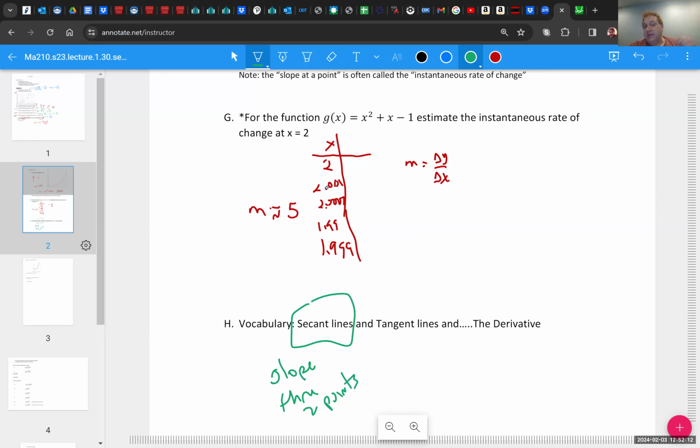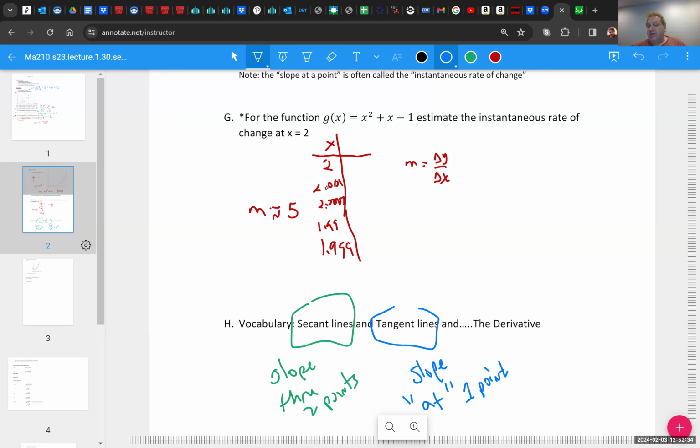And when we talk about the slope at a point, that is what we call a tangent line. This is a slope at, and I'll still put quotation marks there, at a point. At 1 point.